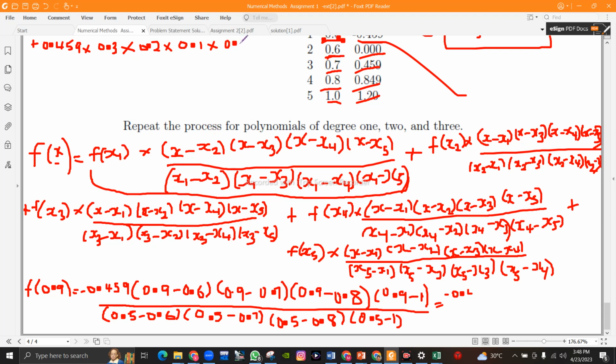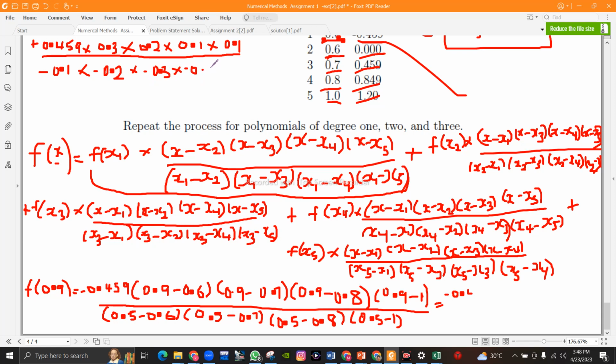I hope you understand that there's a negative here and a negative here, turn to plus, divided by 0.5 minus 0.6, that's minus 0.1, times 0.5 minus 0.7, that's minus 0.2. So those two will be positive, times 0.5 minus 0.8, that's minus 0.3. We have negative again, times 0.5 minus 1, that's minus 0.5.